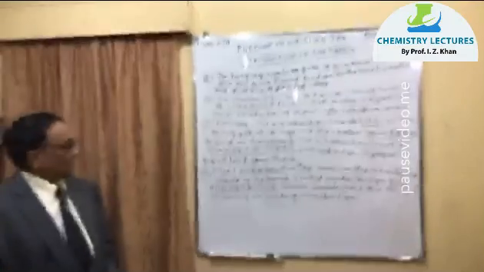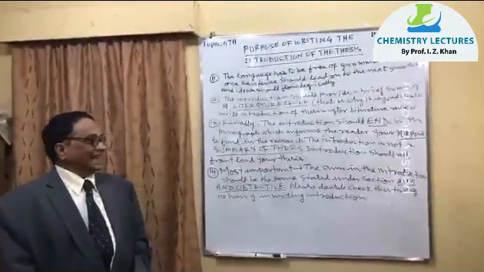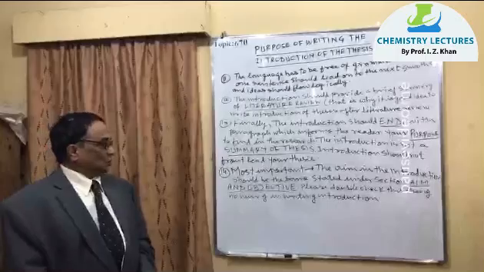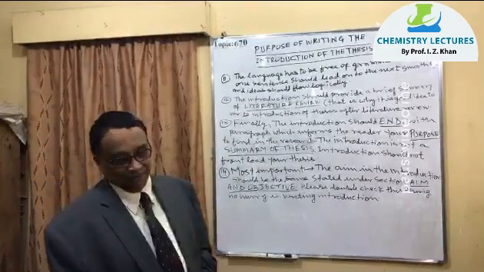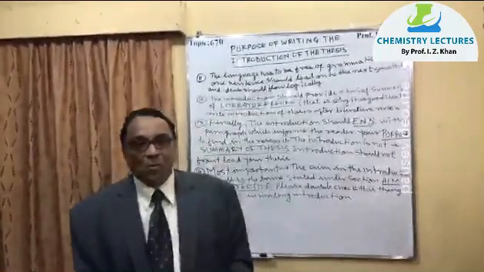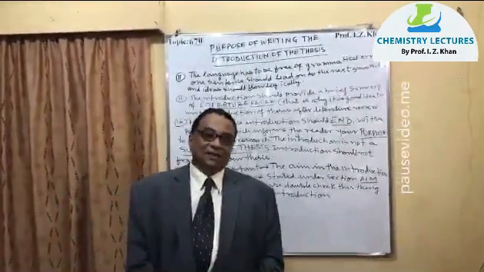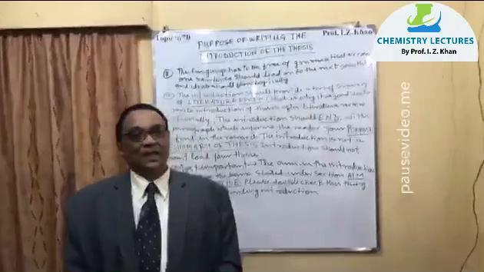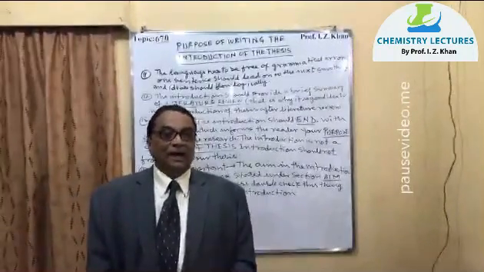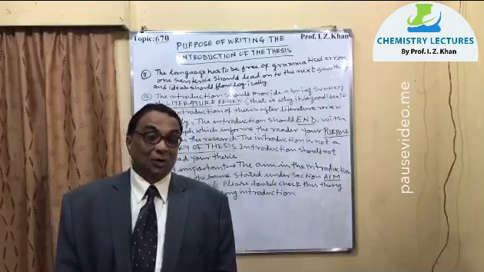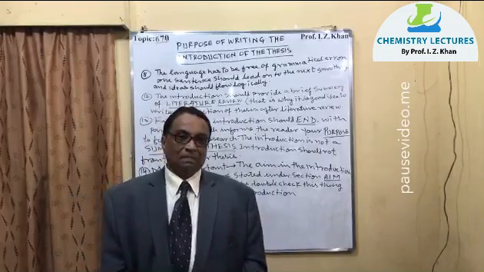And number 14, most important, the aim in the introduction should be the same as stated under the section aim and objective. Sometimes the students commit a mistake. Once they are writing the introduction, there is a mismatch of their objective, of their aim.